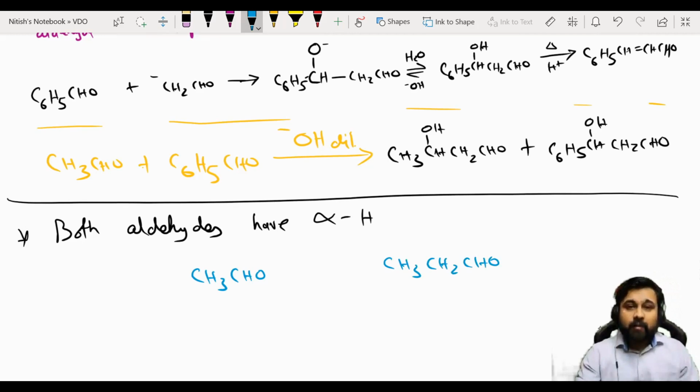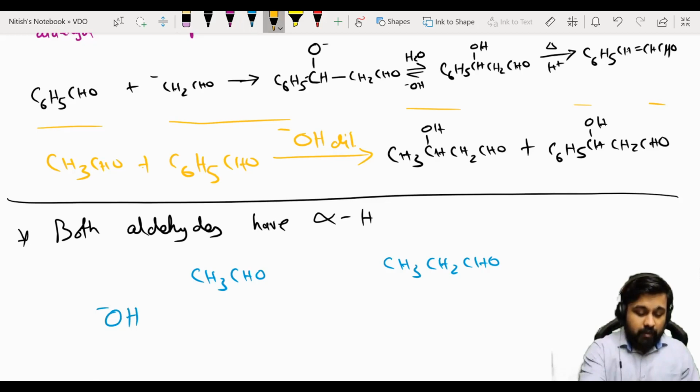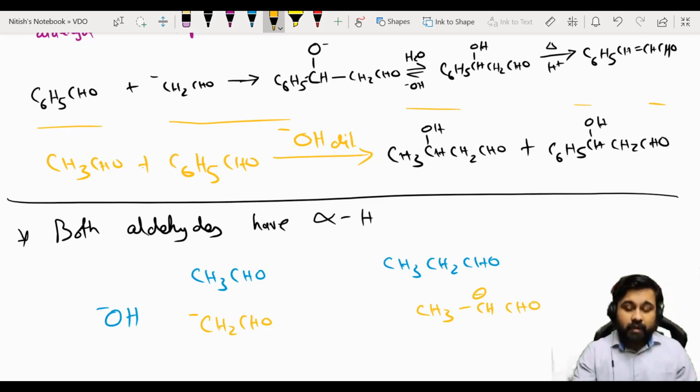Now both of them have alpha hydrogen, so both of them can donate H plus from their alpha carbon and form a nucleophile. So when OH minus comes close to them, the nucleophiles formed are CH2 negative CHO and CH3CH negative CHO. So these are the two nucleophiles.